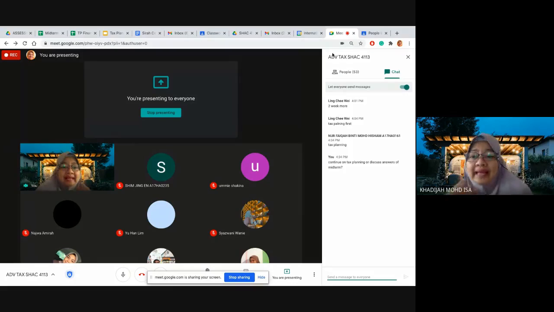So for tax planning, the company may have to decide when they want to dispose of their asset. They will do some computation first. A company that really looks into its tax matters will consider all these issues before making its decision. Why?